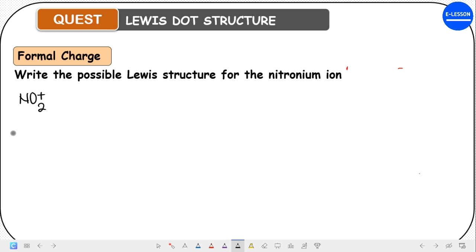Now, the next thing we need to do is writing the Lewis dot structure, which follows a number of steps that I'm going to outline here. The first step is to count the total number of electrons in the structure.